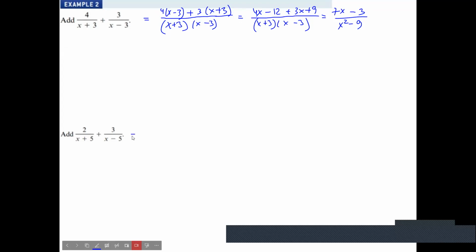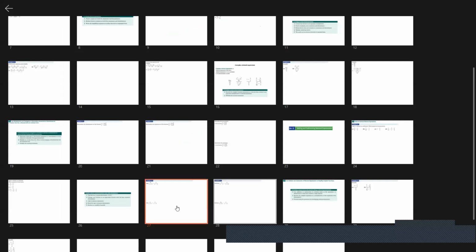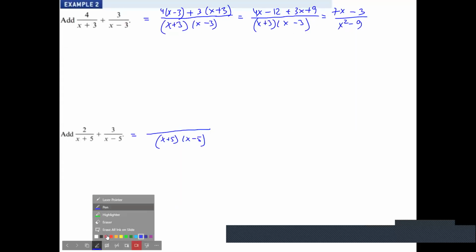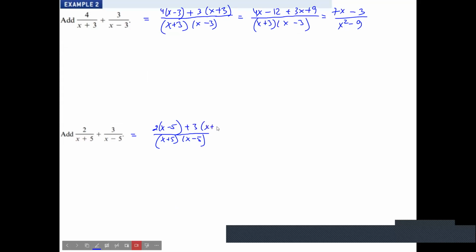Okay, let's see what I can do here. x plus 5, x minus 5. And yeah, that's the lovely formula again. We make it more horizontal. So here, 2 times (x minus 5) plus 3 times (x plus 5). So x squared minus 25.